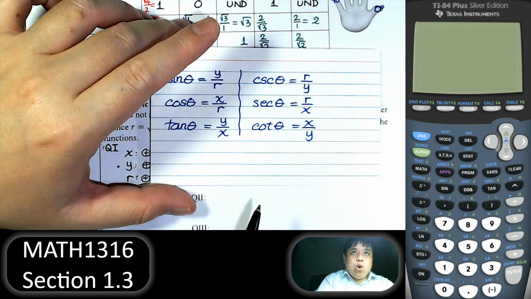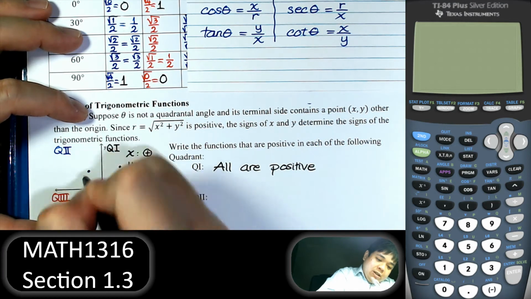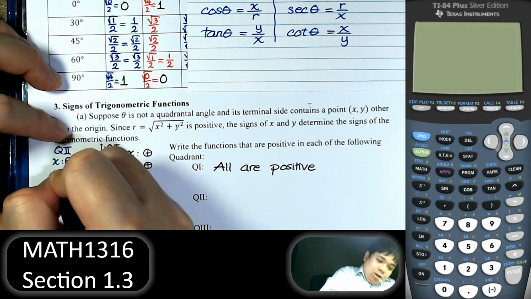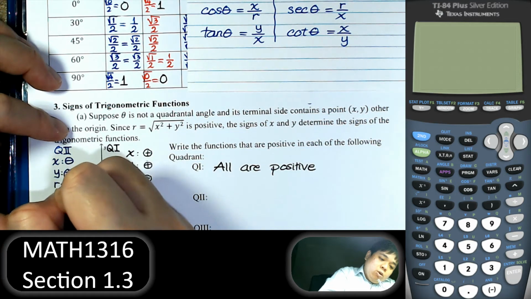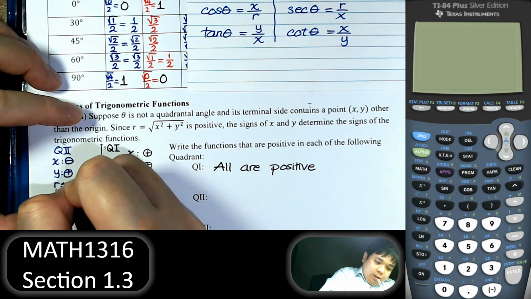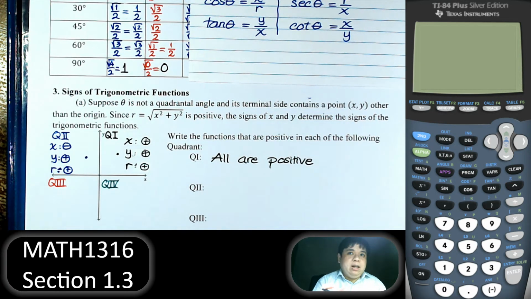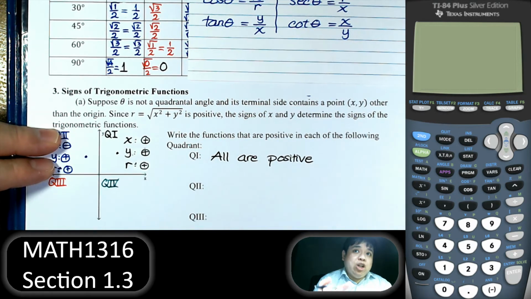They're on quadrant 2. Which one is positive? If the point is here, x is negative, y is still positive, and r is always positive. So with that, which one of these are positive? Now, think about ratio. X, y, and r, there are 3 of them. We pick 2 of them to form a ratio. So if we choose a negative and a positive, their ratio will be negative.